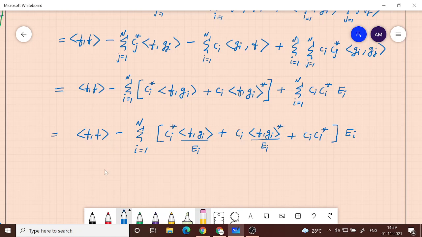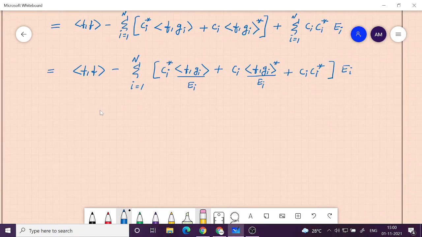Now I am going to do the same mathematical trick which I did earlier.